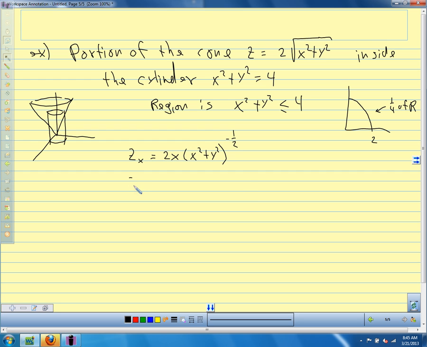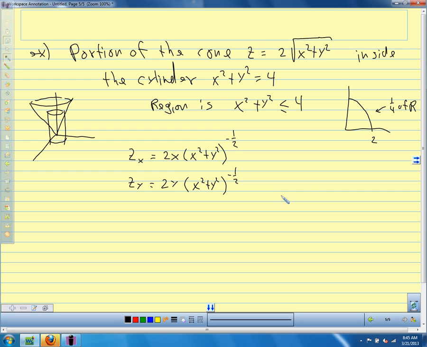And z sub y? This is symmetrical in x and y, so we just end up with 2y times x squared plus y squared to the negative 1/2.